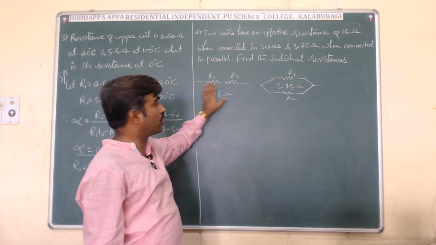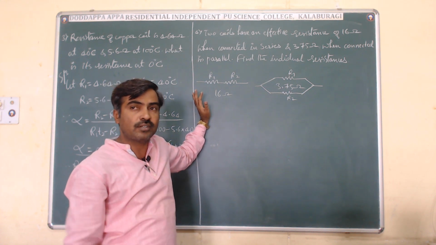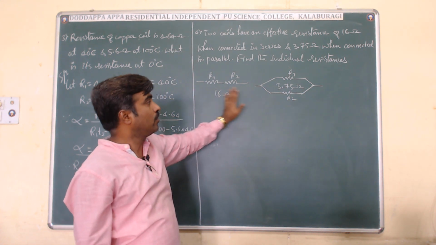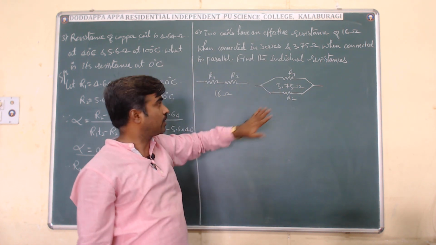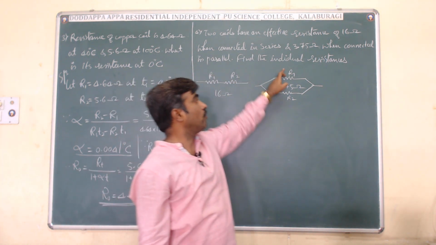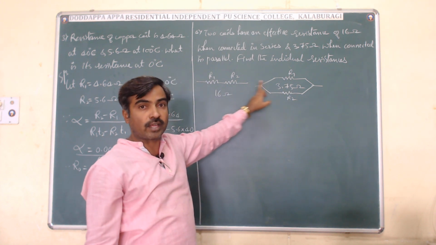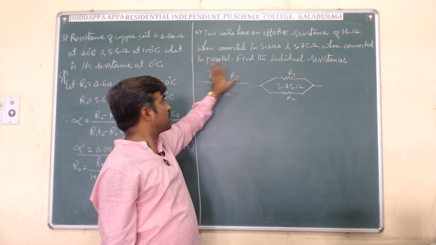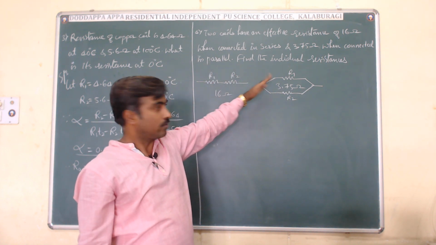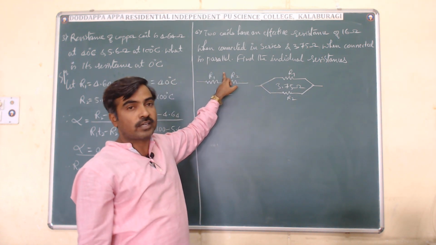Of course, it is correct because, as we know, in series combination resistance increases, whereas in parallel combination resistance decreases. Hence the same resistance coils R1 and R2 are taken for the series combination and the parallel combination. Now we should calculate the values of R1 and R2.